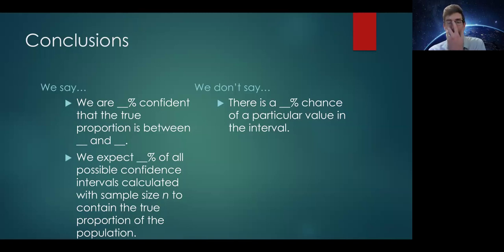So since in this example we've only taken one of those sample proportions, if we were to take another sample and calculate another confidence interval, there would be some overlap, right? They might not align perfectly. But if we could take all the confidence intervals possible, we'd expect 95% of those to line up and contain the true population proportion.